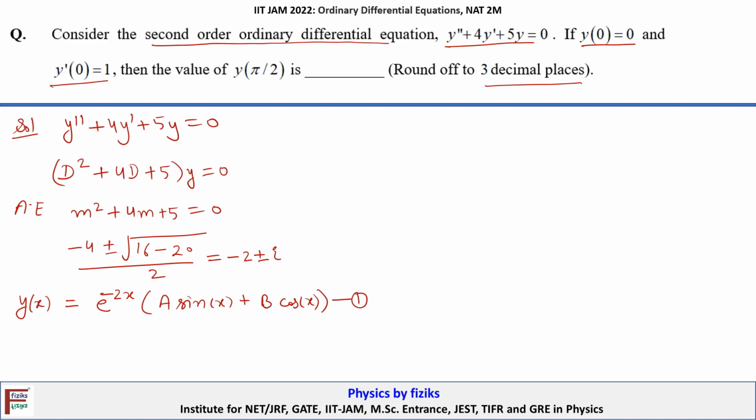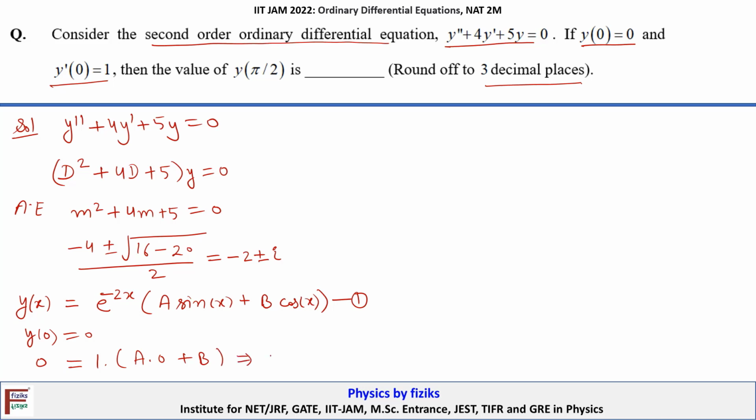Now applying the boundary conditions, first given that y at x is equal to 0 is 0, then on applying in the above equation 1, we can write it as 0 is equal to e to the power minus 2 into 0, which is 1, into a into sine at 0 is 0, plus b into cos 0 is 1.